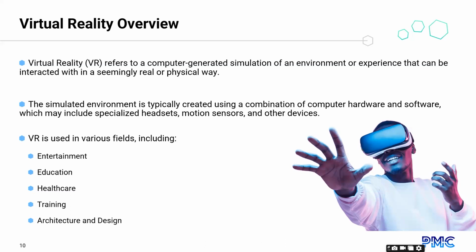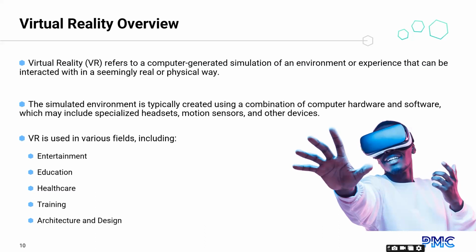This includes headsets, sensors, controllers, and other devices. And the goal of virtual reality is to create an immersive experience that tricks the senses into feeling as if they are in a fantastical environment.